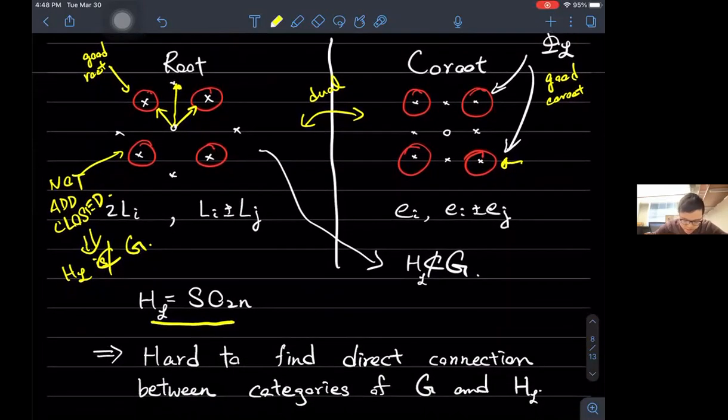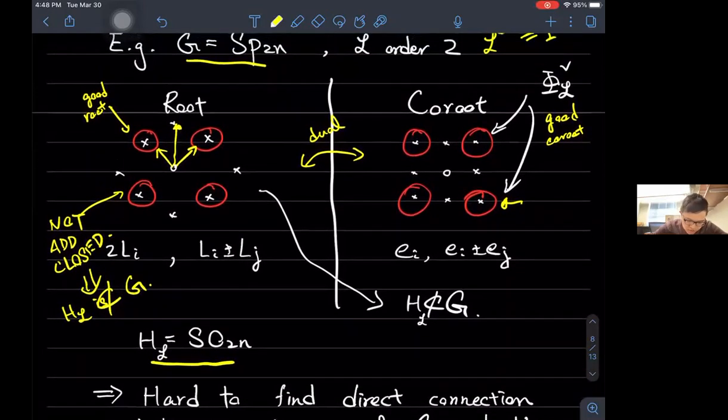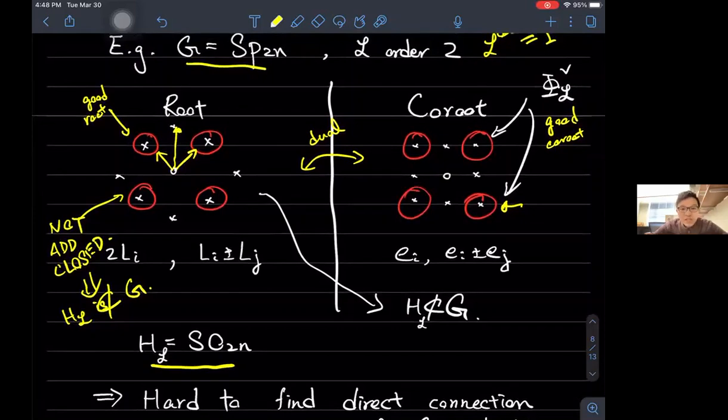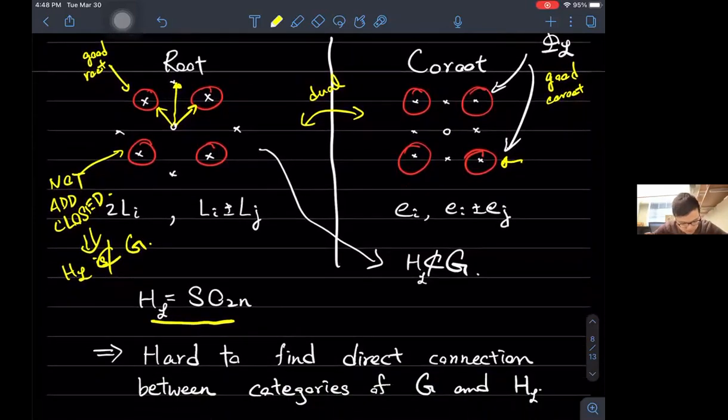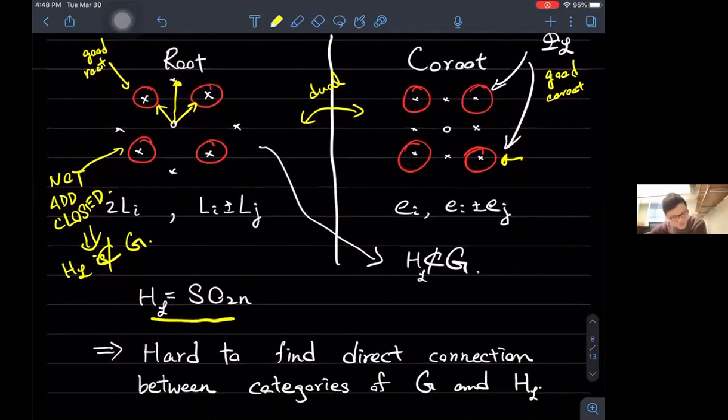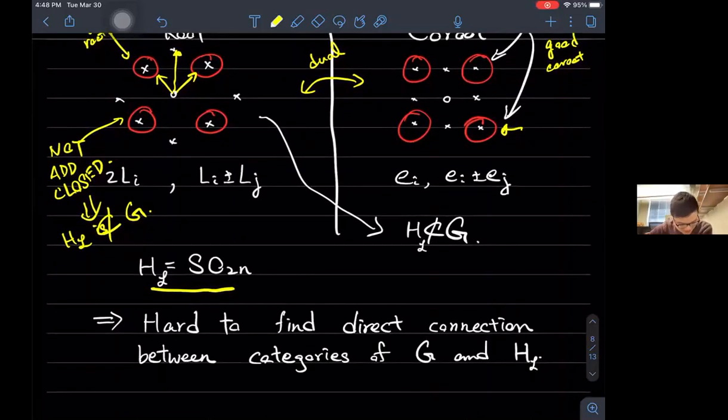And in fact, there is no interesting map from SO2n to SP2n, at least from my point of view. And this makes everything related to endoscopic groups so difficult, because it's not a subgroup. So it's hard to do the usual function-sheaf dictionary, because you don't even have an embedding.